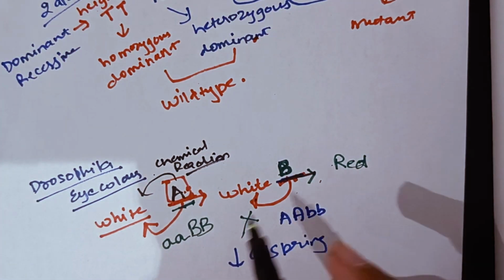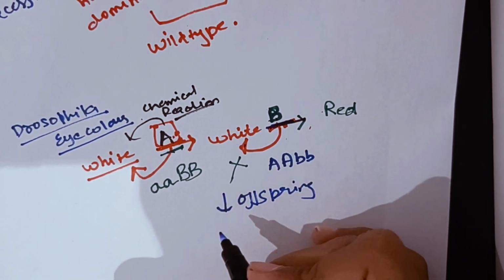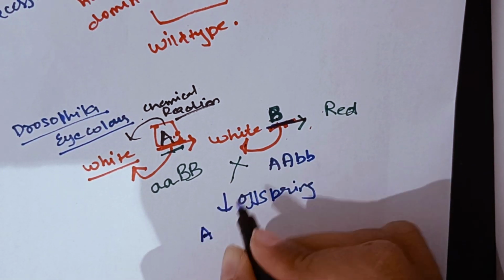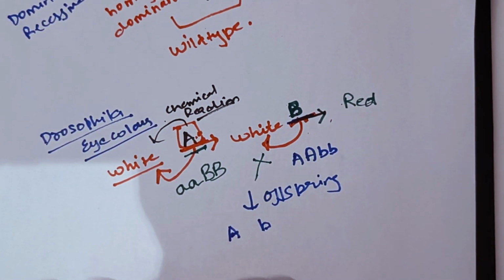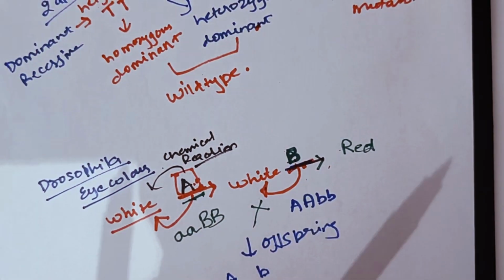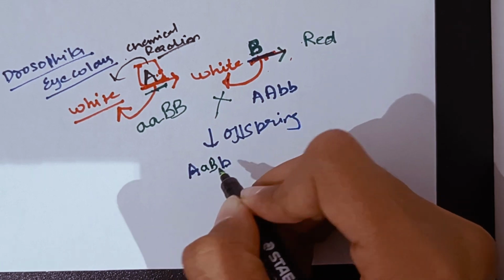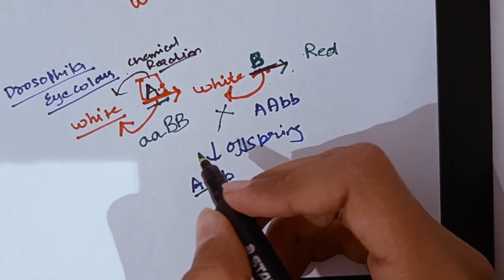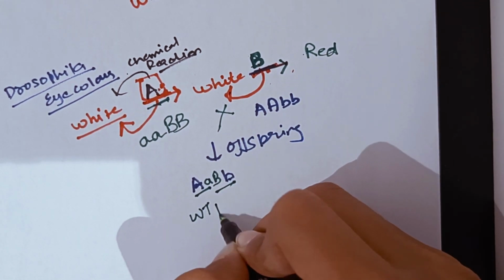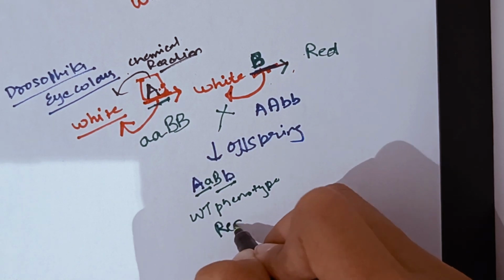We get capital A from here and also B from here, and then from this parent we get small a and capital B. Because the two genes are in heterozygous condition, we get the wild type phenotype, which is red color.